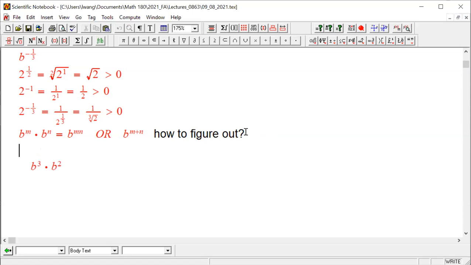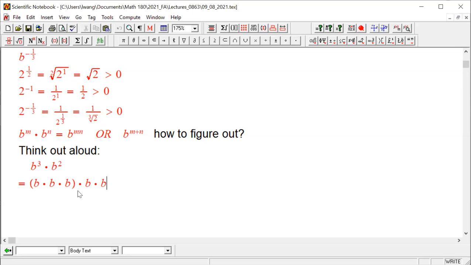I'm going to think out loud. So b to the power 3 means b times b times b, 3 times. b to the power 2 means b squared. So this is b to the power 3, and that's b to the power 2.